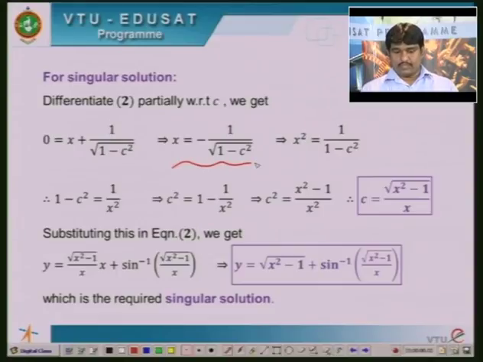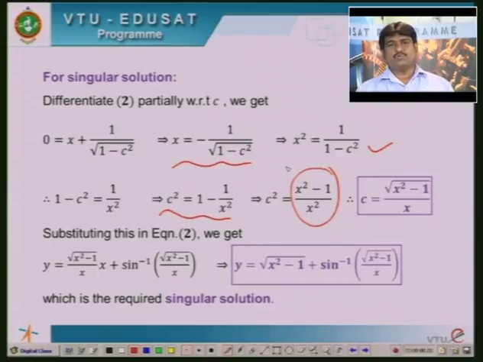Squaring on both sides gives this result, x square equals 1 divided by 1 minus C square. Cross multiply, so 1 minus C square equals 1 by x square, which implies C square equals 1 minus 1 by x square. Therefore, take x square as LCM to get C square equals x square minus 1 divided by x square. So C is root of x square minus 1 divided by x.